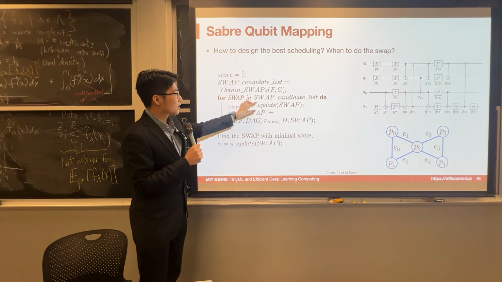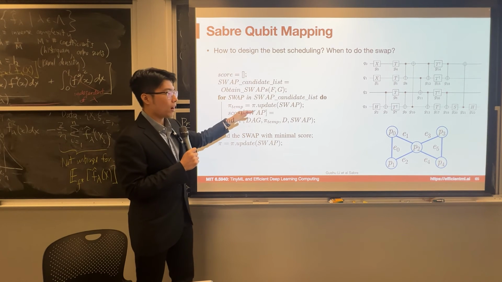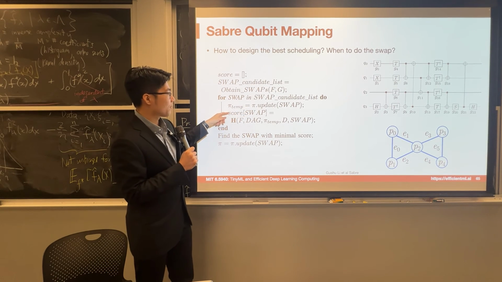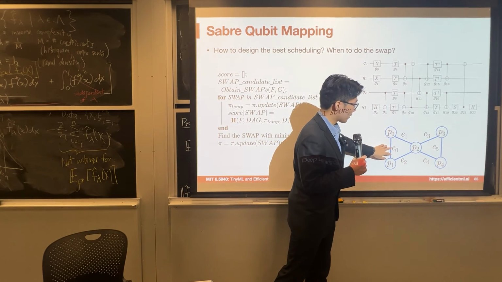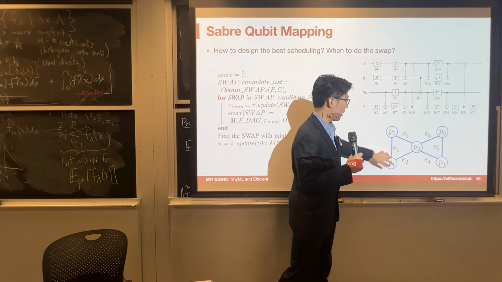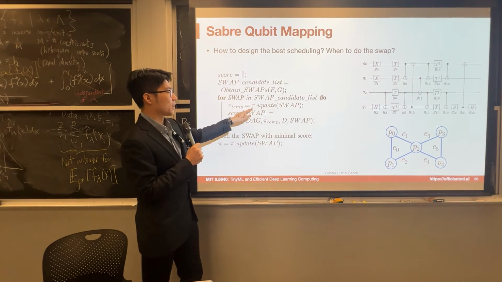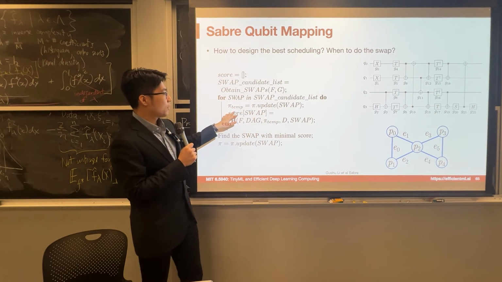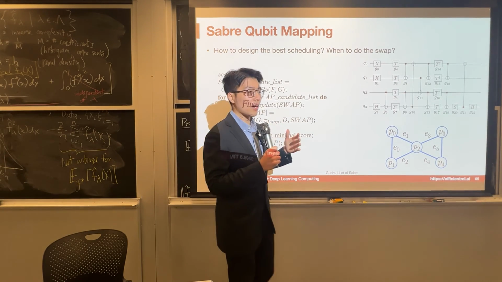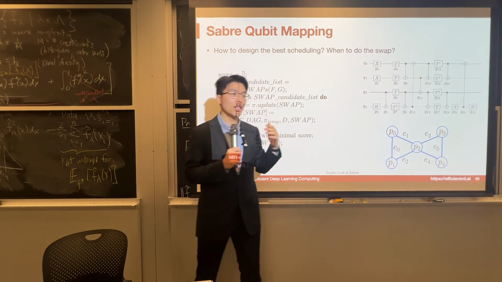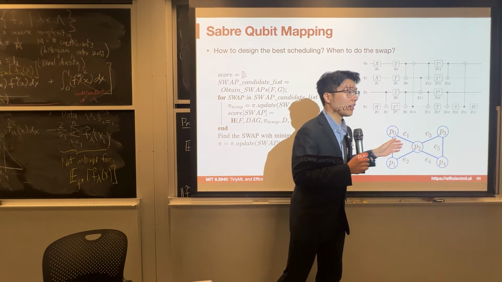And then this SABRE algorithm will go through each of them, right? Say I apply this swap between 0 and 1, and then I update the qubit mapping with this swap, and then we compute a score for that swap. So how is the score calculated? The intuition is, after this swap, how many later gates can I apply?